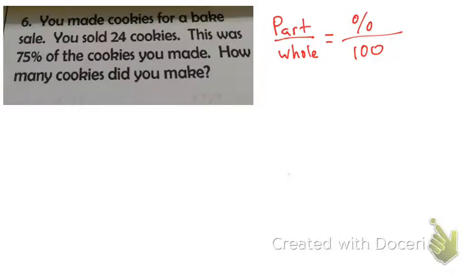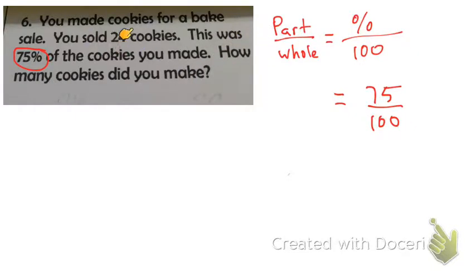You make cookies for a bake sale. You sold 24 cookies. This was 75% of the cookies you made. So 75% is your percentage, and I'm going to put that into my formula. Now we have to figure out which one is the part and which is the whole.